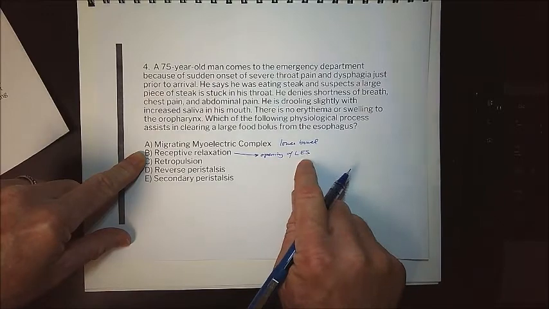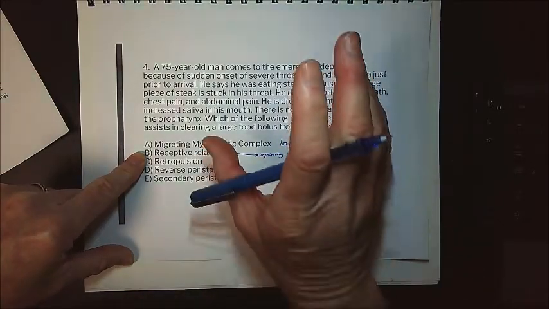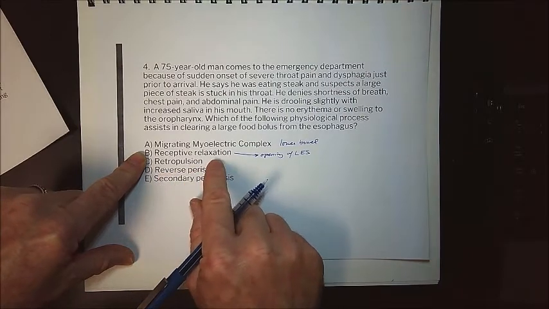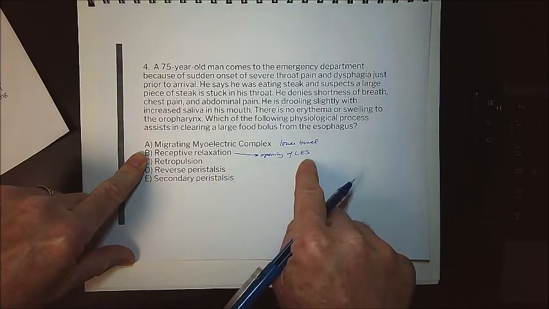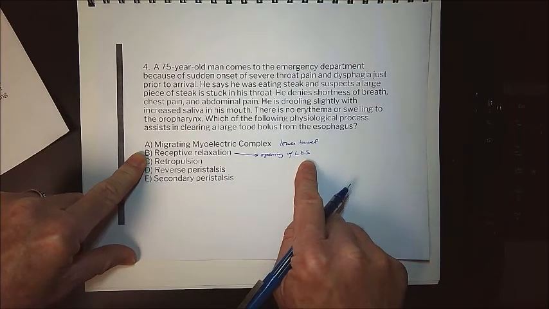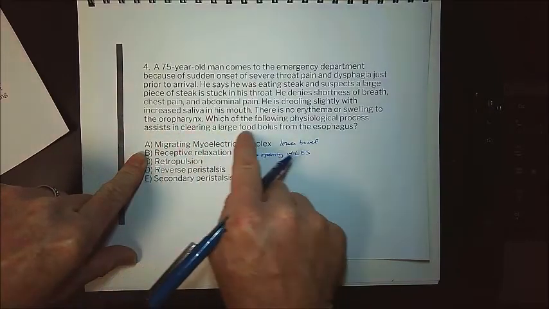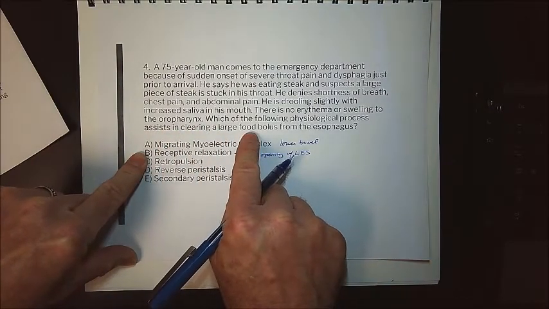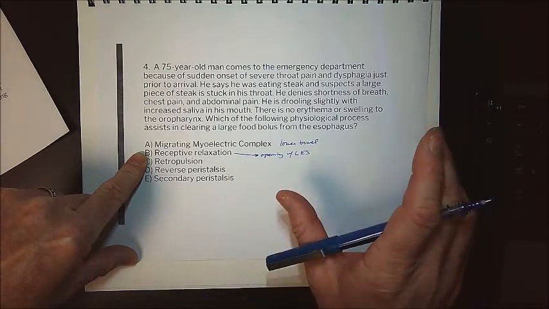And that coordinated opening of the LES makes sure that those real propulsive movements of the esophagus do not slam the food into a closed sphincter. This is open and ready to receive the food. Okay? But it's not involved in clearing a large bolus of food. It's just involved in making sure that the peristaltic wave is productive.